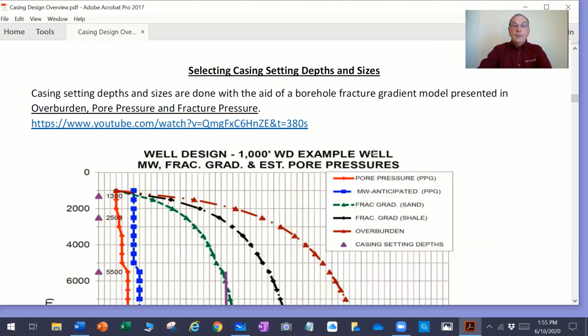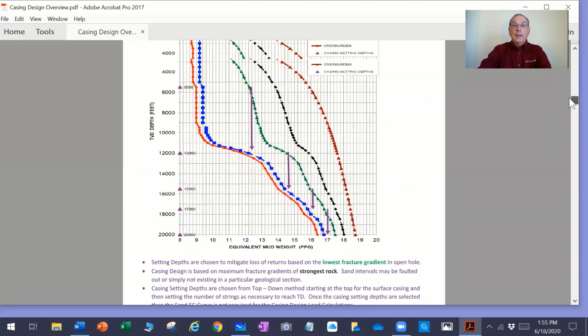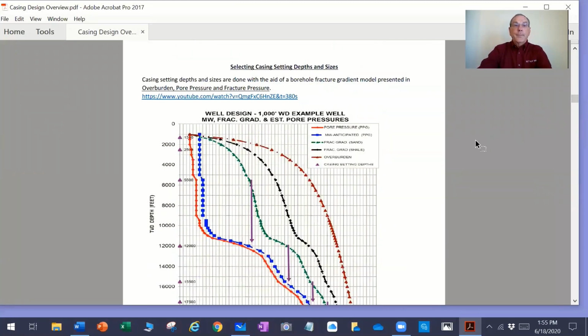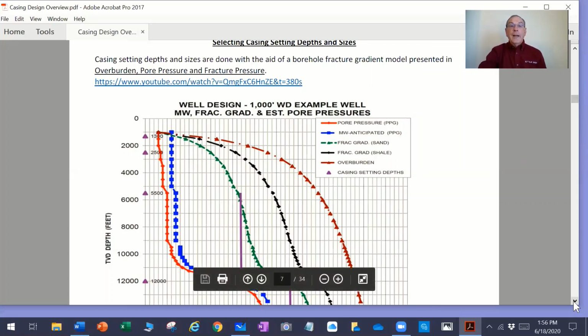Okay, now I'm going to have to shrink this down a little bit so we can see it. Casing setting depths and sizes are done with the aid of a borehole fracture gradient model presented in the overburden, pore pressure, and fracture pressure video that I recently did.